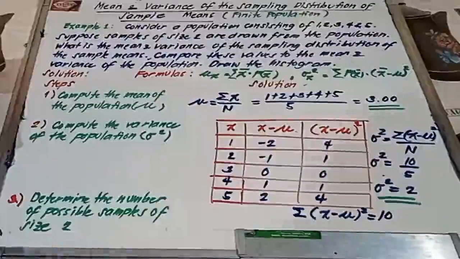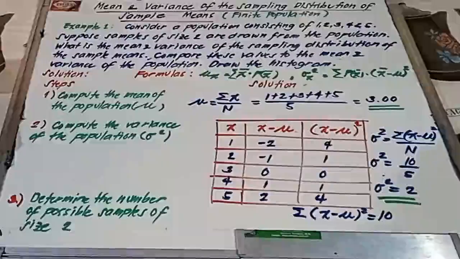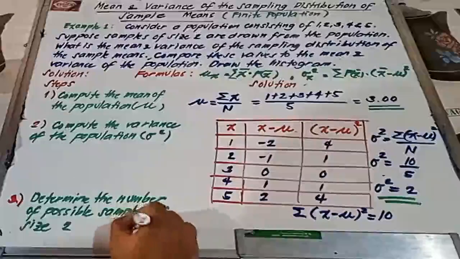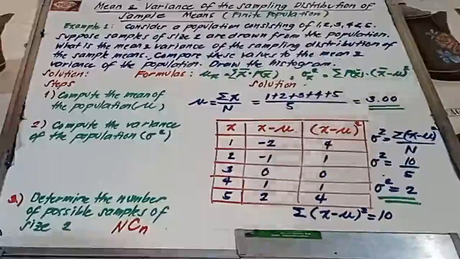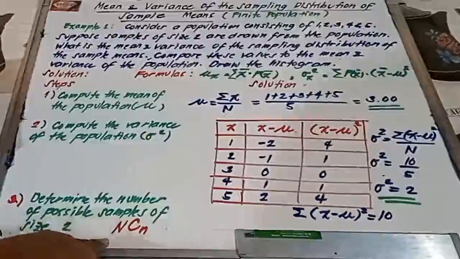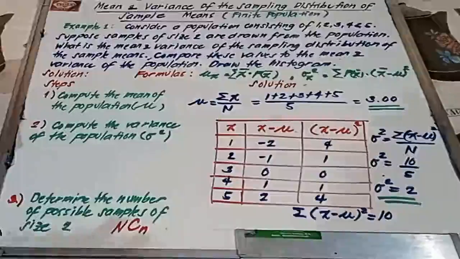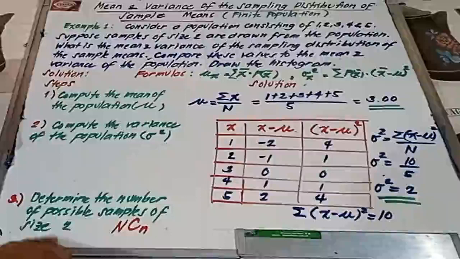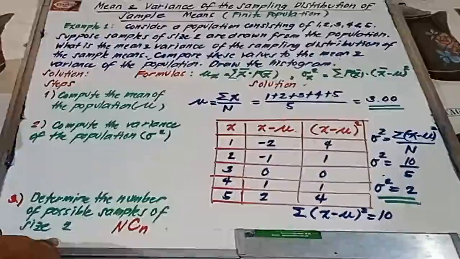And we're going to use the formula N combination n. Yung N natin, population size, yung maliit na n natin ay sample size.